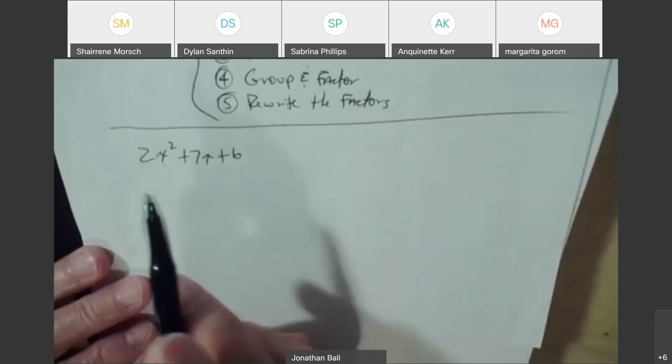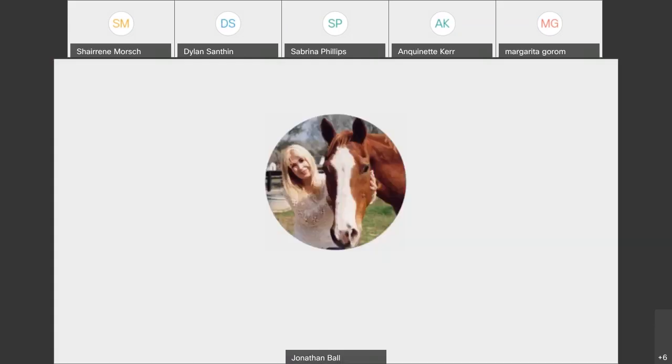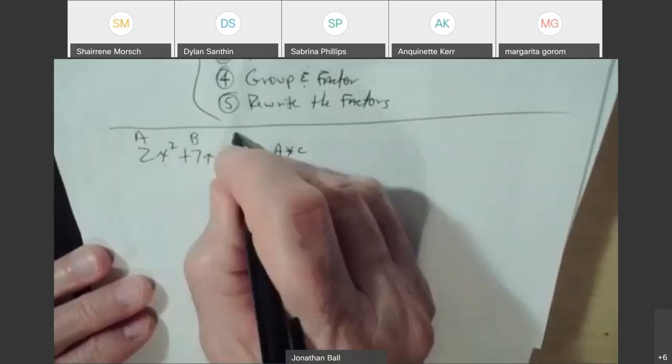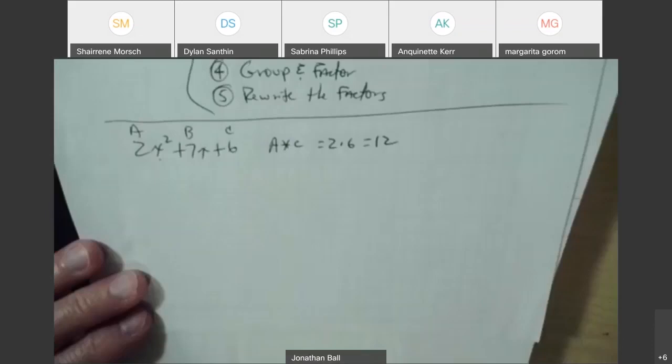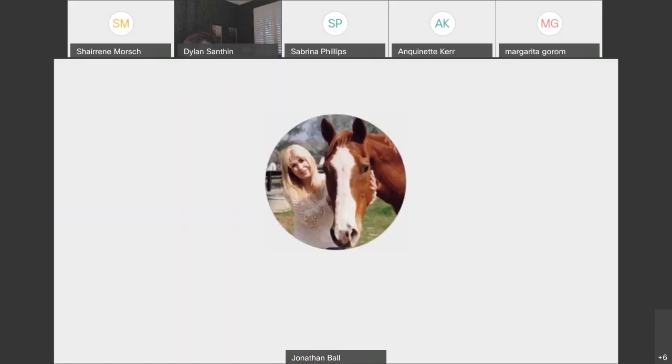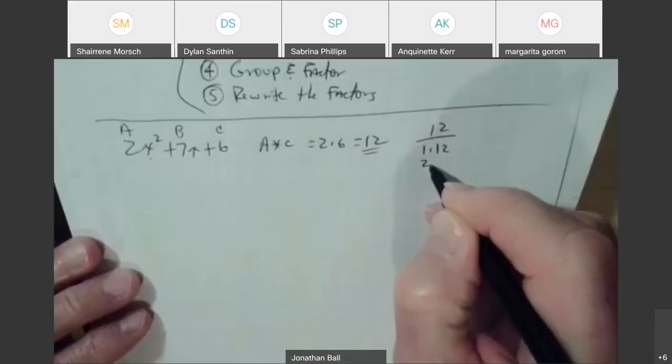We have to multiply A times C. This is A, this one's B, that one's C. A times C is 2 times 6, which is 12. Now we're going to factor the 12. 1 times 12, 2 times 6, 3 times 4. There it is there, right?